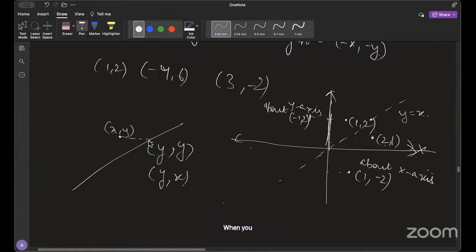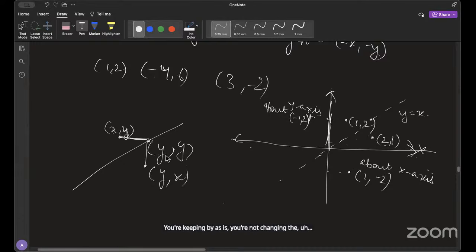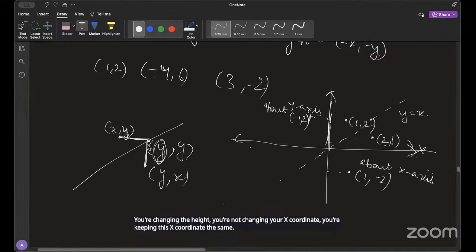When you move it, the x distance is below. So what you're doing here is keeping y as is and shifting this point onto this line. And what you're doing here is you're changing the height, you're not changing your x coordinate. You're keeping this x coordinate the same and you're changing your y.